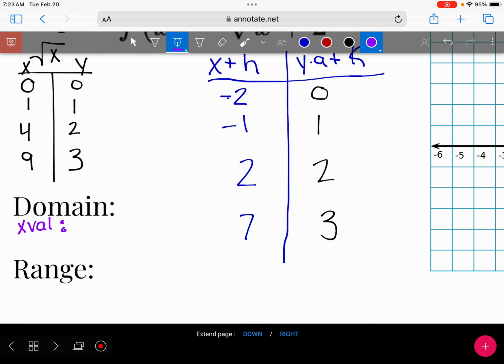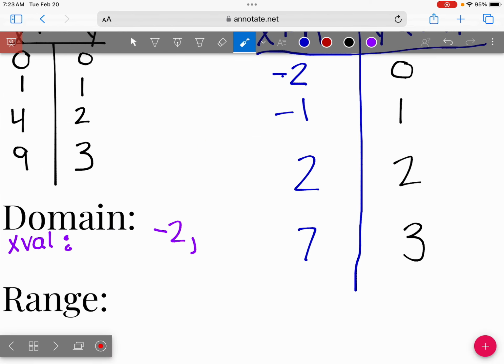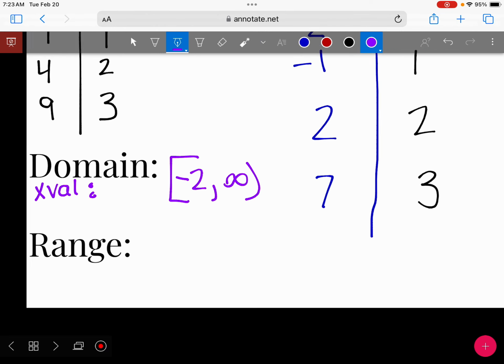What's my smallest x value? -2. What's my biggest x value? Does it stop at 7? I heard 7. Does it get to 7 and then we stop here and it never goes any bigger? No. What's the biggest it's going to be? Infinity. So this goes from -2 to infinity. So we write it like this.